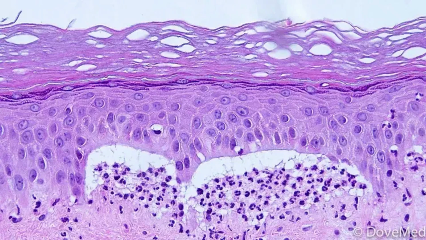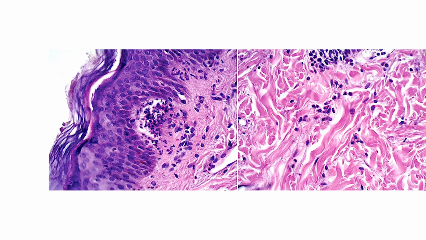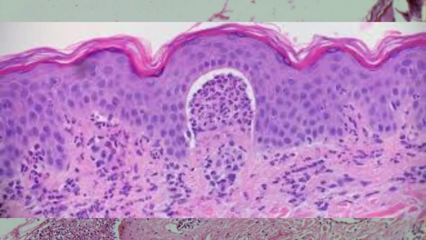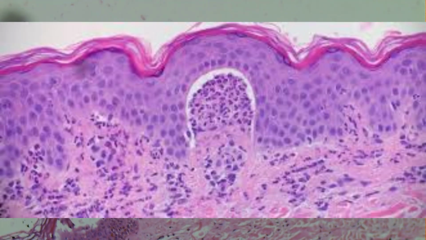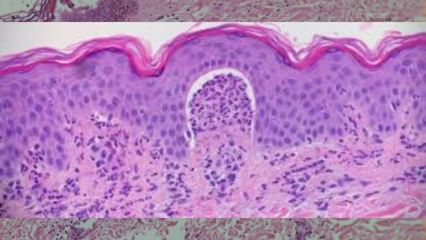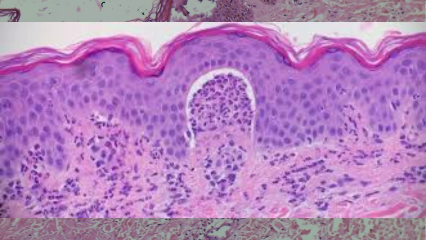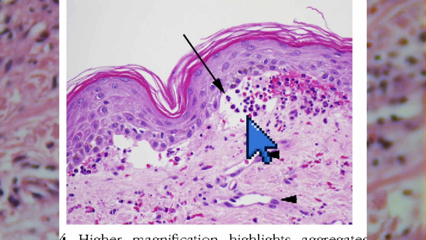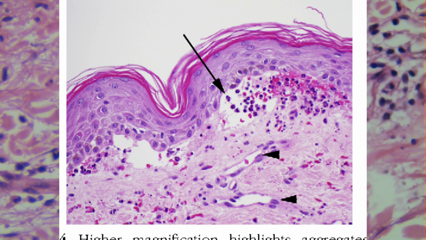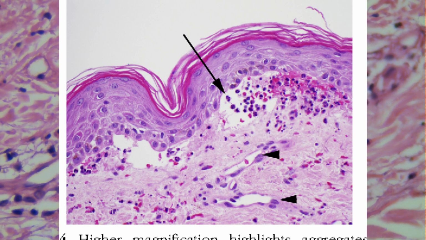And also the dermis having superficial perivascular inflammatory infiltrate, which can also have neutrophils, and sometimes in the early lesions, that is the only histopathological finding you can get if there's no bulla, and that can also be confused with vasculitis. These are some internet pictures of Dermatitis Herpetiformis.